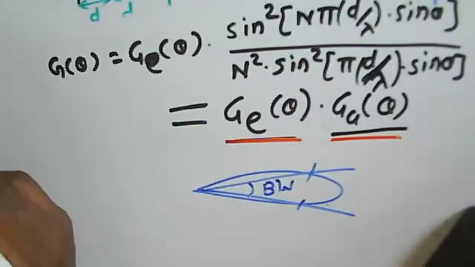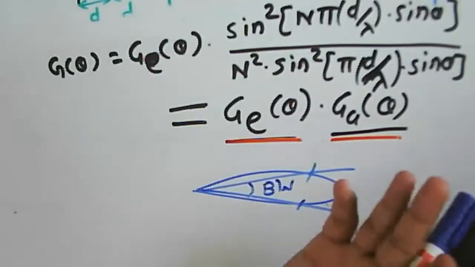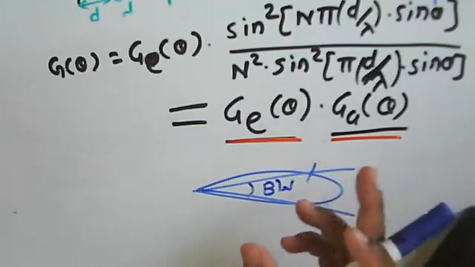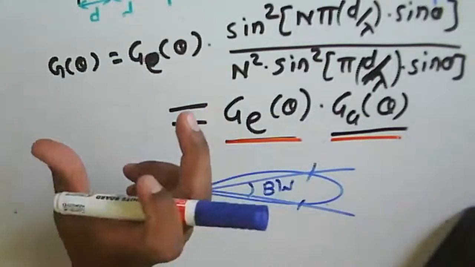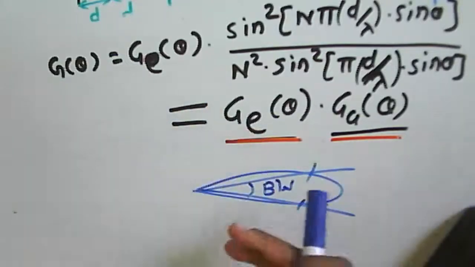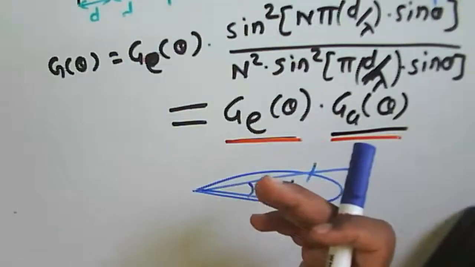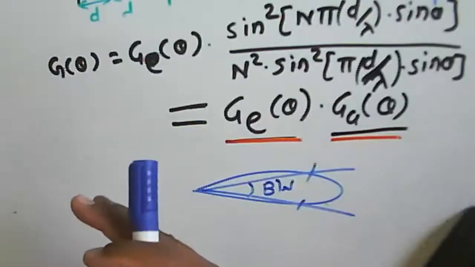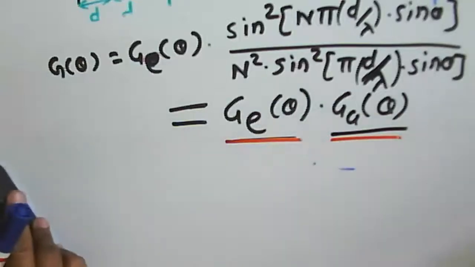To suppress the grating lobe, every element's beam width should be below 60 degrees, and then grating lobes can be suppressed.